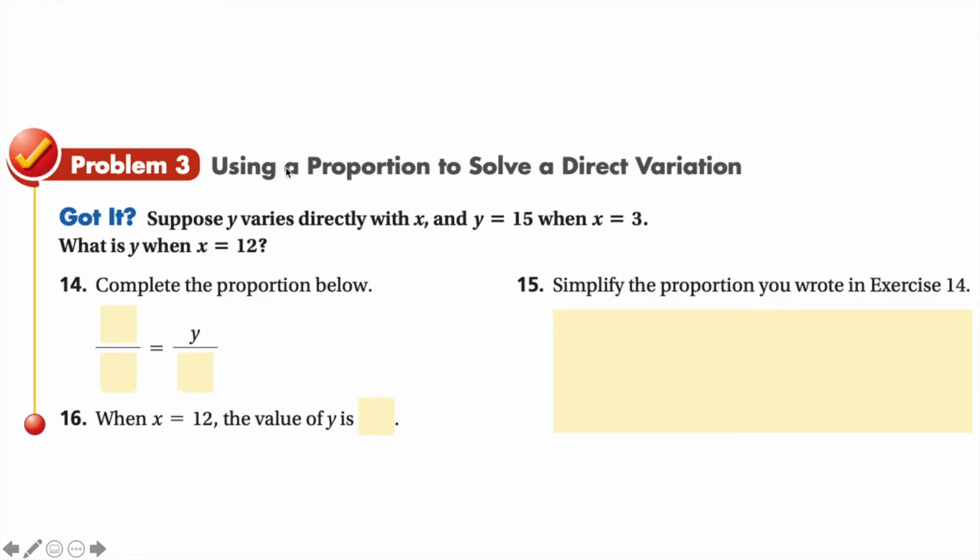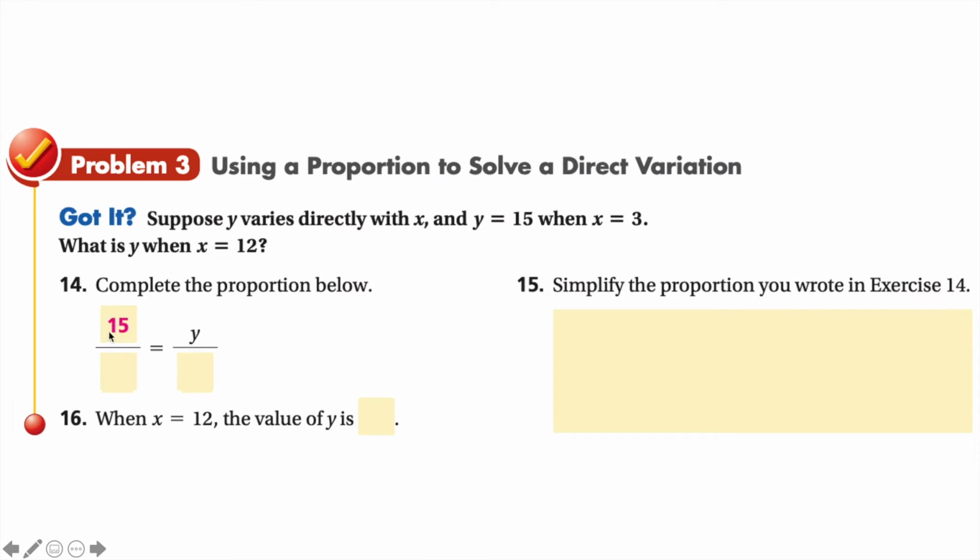Problem 3. Using a proportion can actually help you solve a direct variation. So suppose y varies directly with x, and we know that y equals 15 when x equals 3. Well then, what is y when x equals 12? We can complete the proportion below, right?